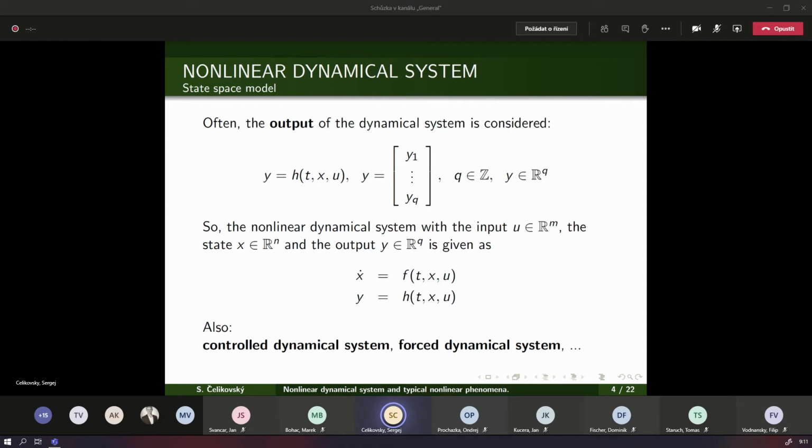So even if you are not interested in velocity, you still need to consider velocity, which is intuitively clear. So this system is terminologically sometimes called also dynamical systems or forced dynamical systems, or many other terms you can find.